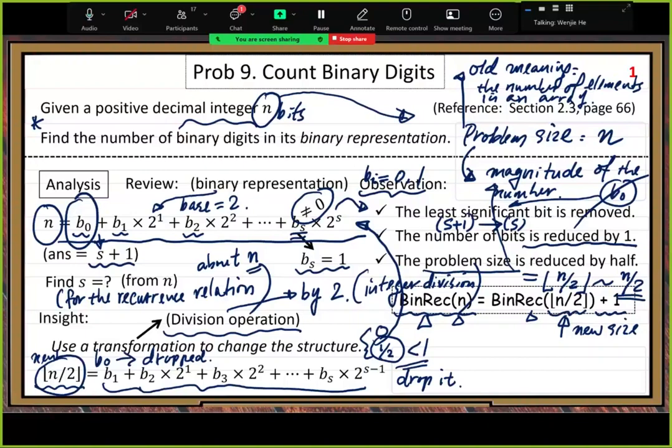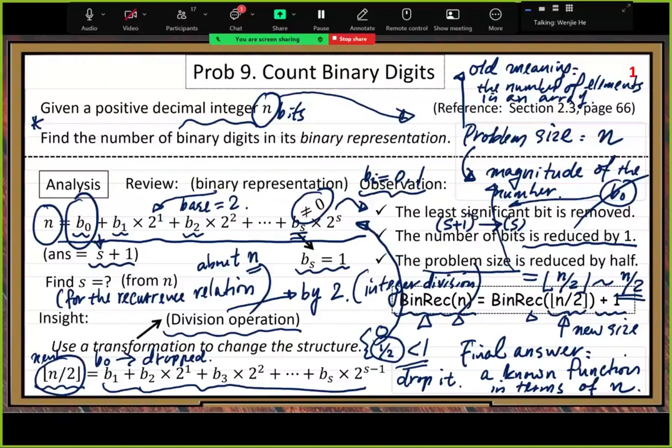The final answer must be a known function in terms of n. Okay, that's the final answer.